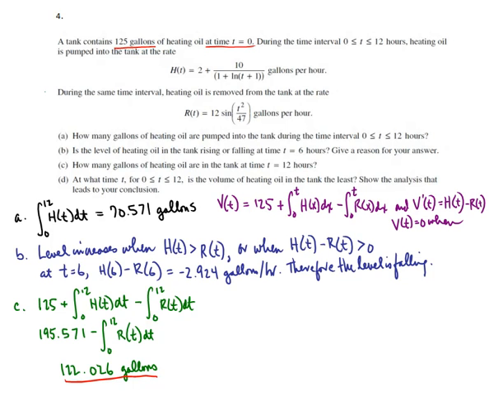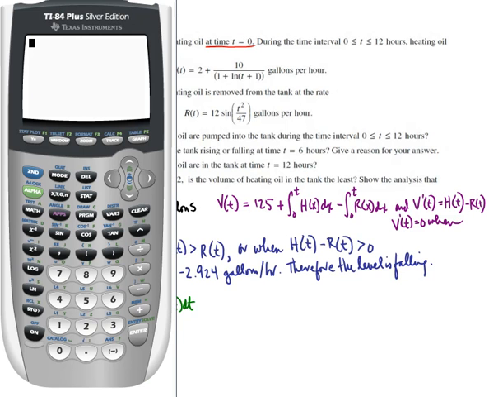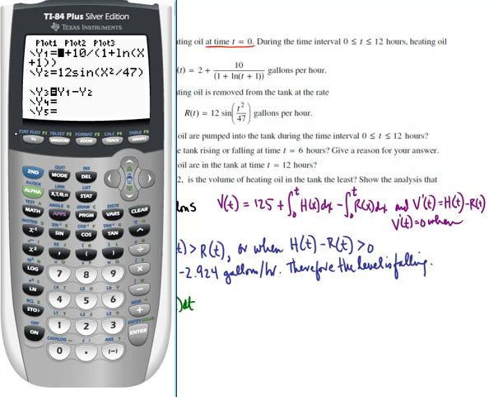To find the critical values, or the places where the derivative of volume is 0, we can look at a graph of h of t minus r of t. So I bring up the graphing calculator, I go into y equals, and I have entered this function y1 minus y2, which is in essence just h of t minus r of t. Notice that that's the only function that is highlighted there.